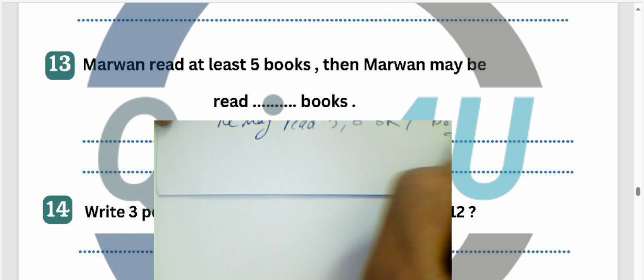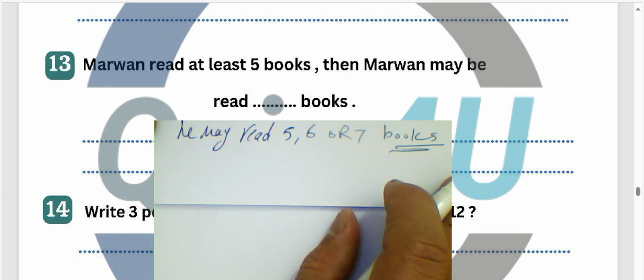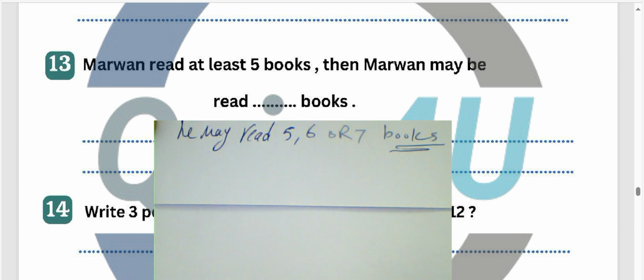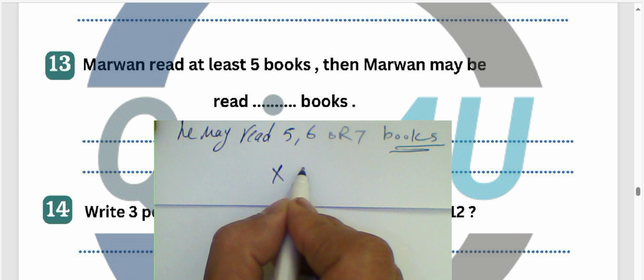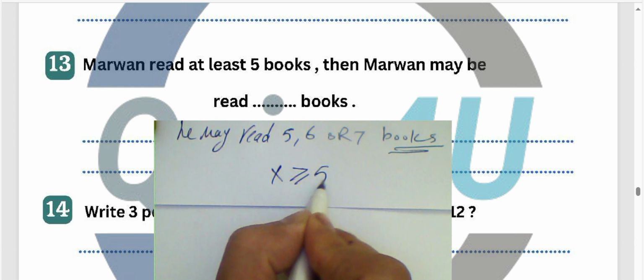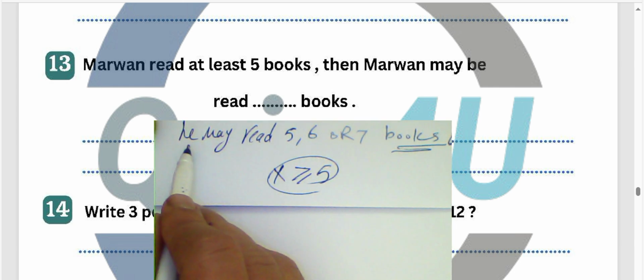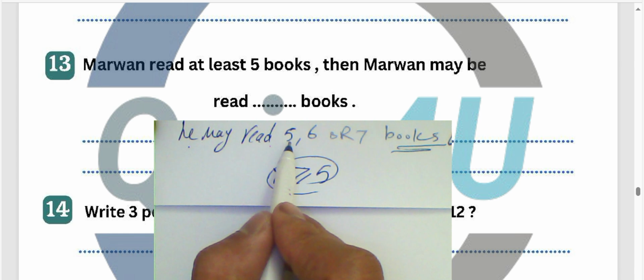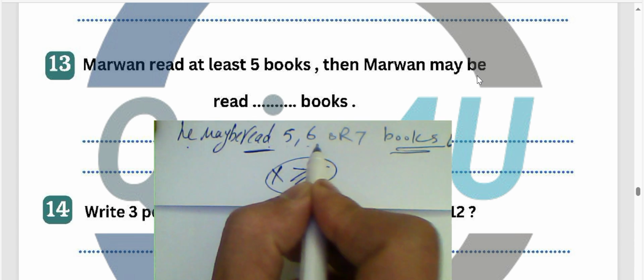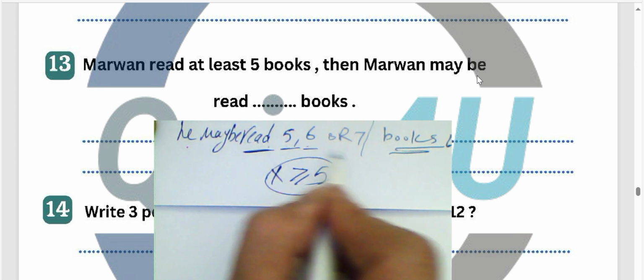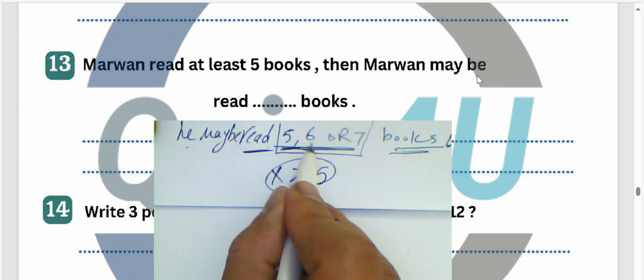What was he asked about? He read how many boxes? At least 5. So we can write x greater than or equal to 5. In the solution here, you can write he may read 5, 6 or 7 boxes. Write this as the solution, 5, 6 or 7 boxes.